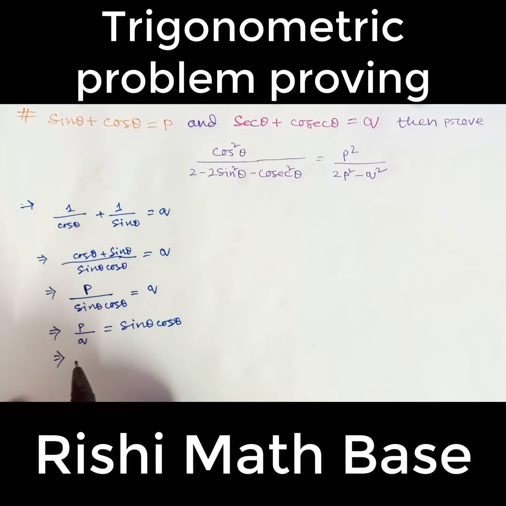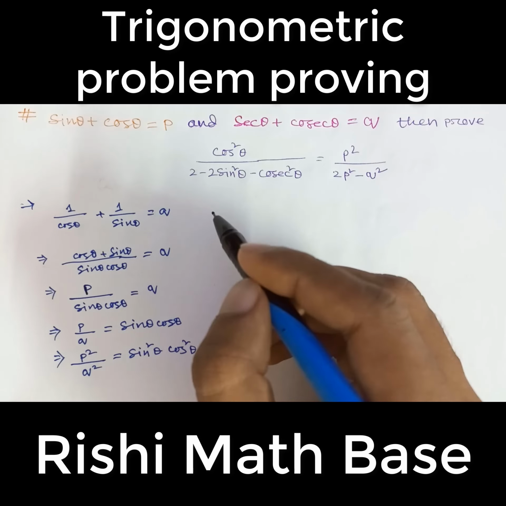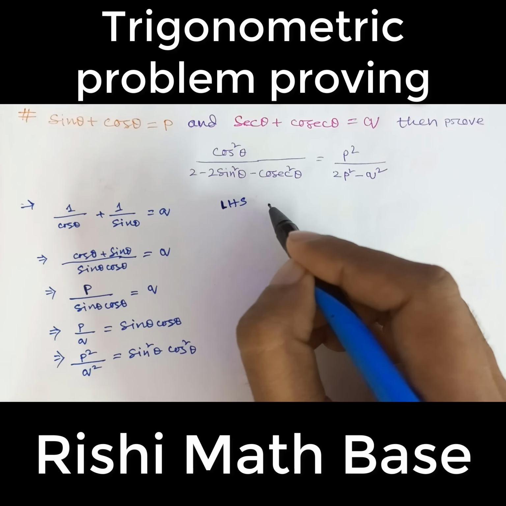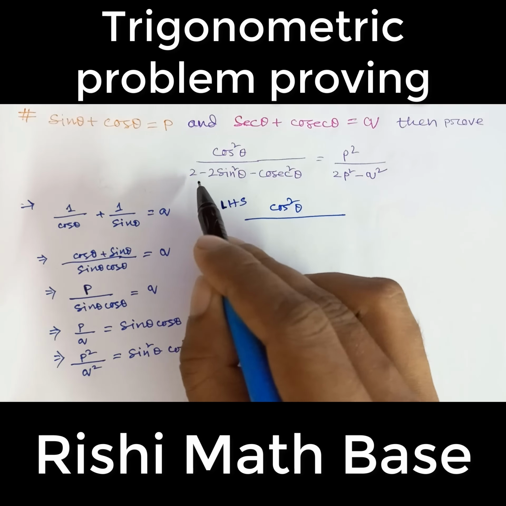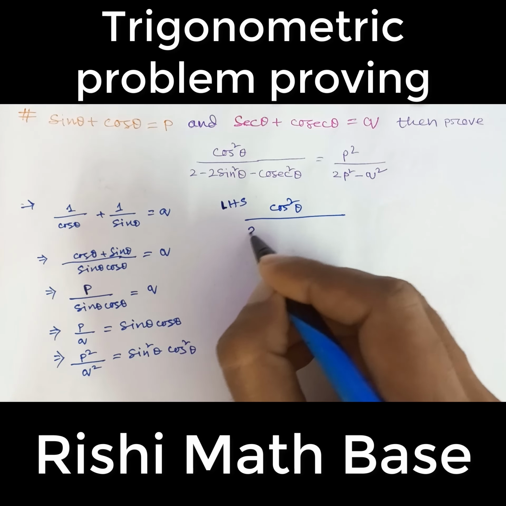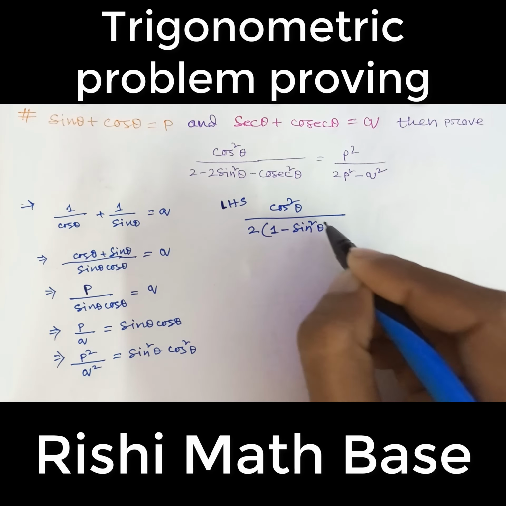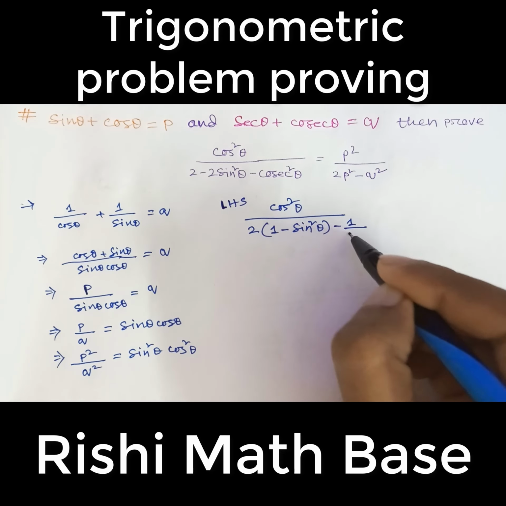If we take square both sides, we get p square by q square is equals to sin square theta cos square theta. Now we will take this equation and we are taking the LHS, means left hand side. So LHS, cos square theta by, here we are taking 2 common, so we can write 2 into 1 minus sin square theta minus cosec square theta, we can write 1 by sin square theta.